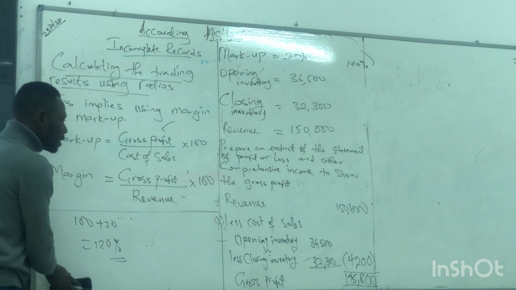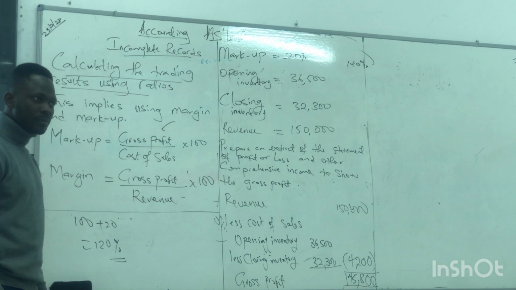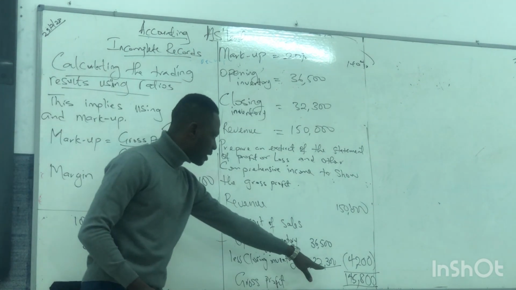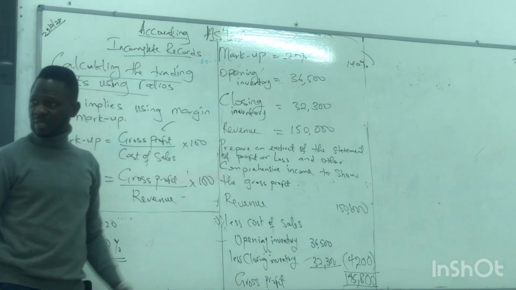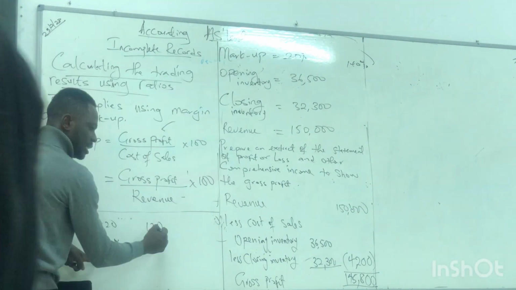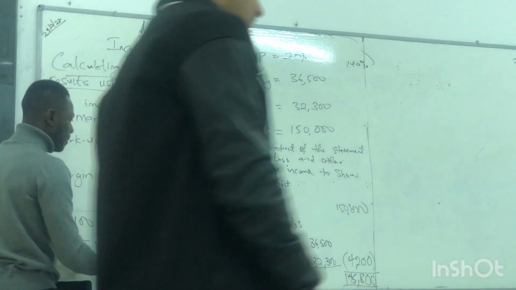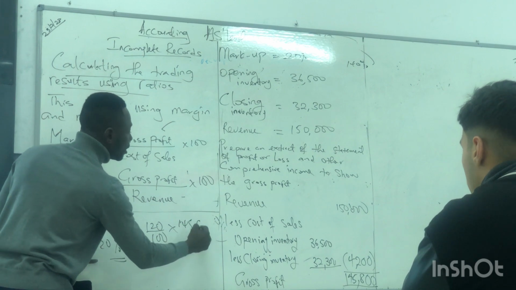So 120% of the gross profit is what we're going to look for now. This is our gross profit, 145,800. But they said we have a markup of 20%. So a markup of 20% means that we're talking about 120 over 100 multiplied by 145,800.